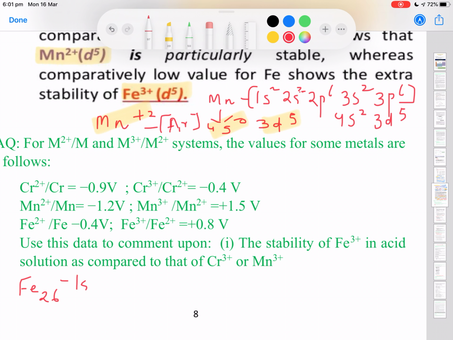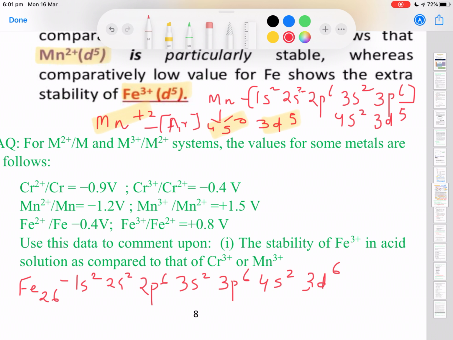So the configuration will be 1s2, 2s2, 2p6, 3s2, 3p6, 4s2 and 3d6. Okay, now iron is not stable because there is no stability observed here.